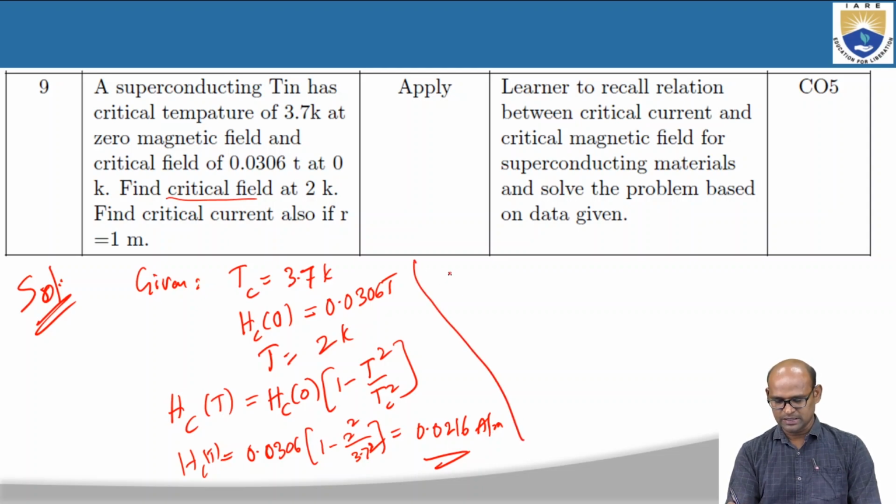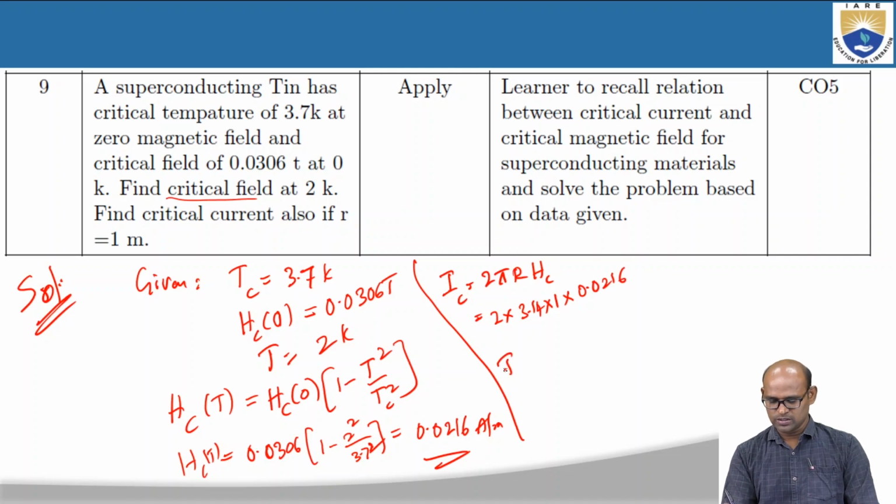Next, we need to calculate the critical current. Ic is 2 pi R into Hc. So 2 into 3.14 into the radius, given as 1 meter, into Hc, which is 0.0216. Substituting all the values, we get Ic as 0.136 amperes.